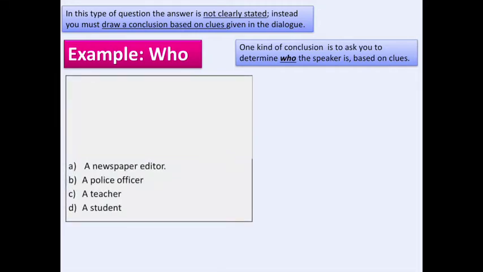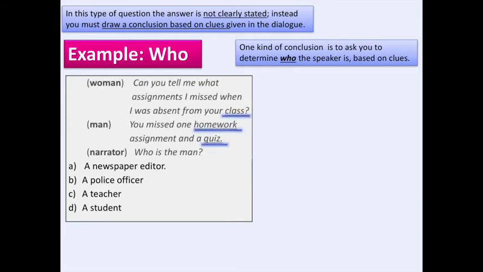In this kind of question, you need to listen for clues, key words in the dialogue that will help you answer the question. So here, our key words are class, homework, and quiz. Now look at the answers.